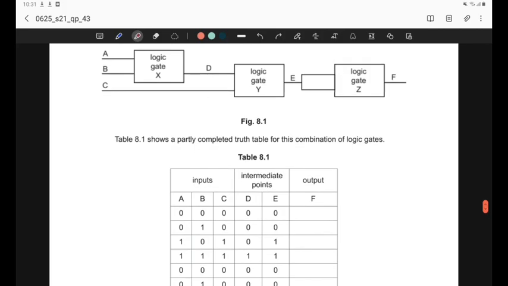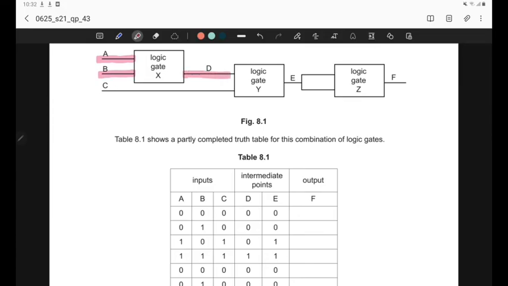So we have to check the logic gate X and its truth table and find out which logic gate it is. So we can see for logic gate X, it has 2 inputs and 1 output.